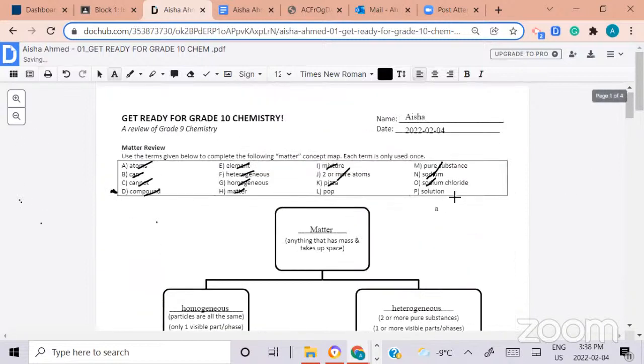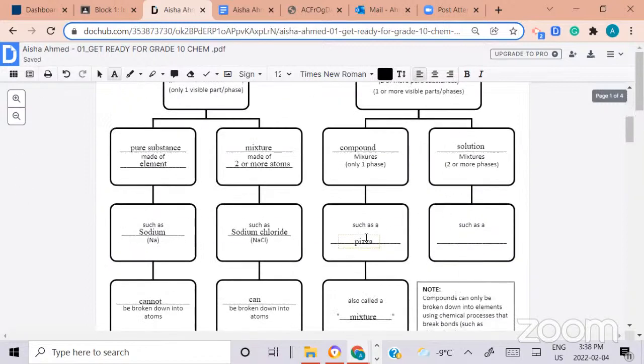Okay, so you're going to have to move pizza to the other side first of all, because it says two or more phases. And then you put compound on the other side. Replace it with solution. Oh, like this? Switch? Yeah. Solution mixture is only one phase.